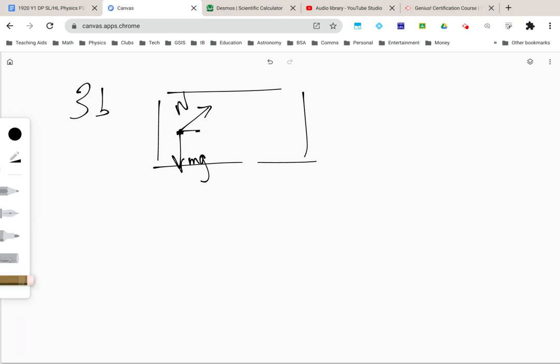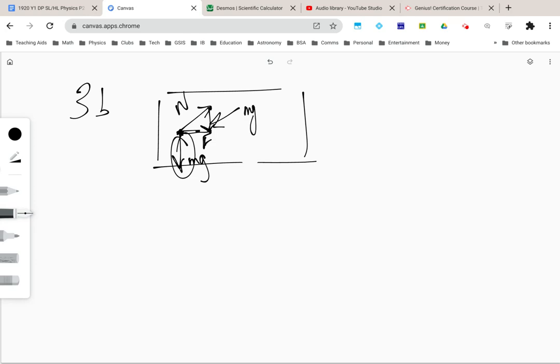Now, I made this force a little bit too long, you can see. So the way that this should work is that the weight of the ball has to come over here with the normal force so that the resultant is the centripetal force. I take this weight vector and I move it over here, okay? And so this is N, this is the resultant force, this is mg again.